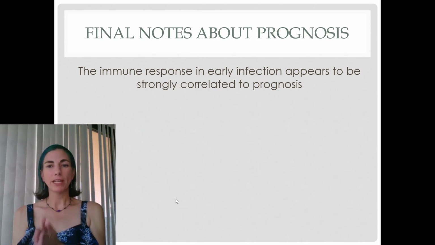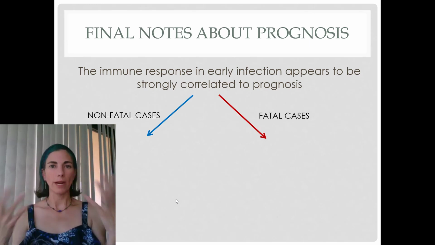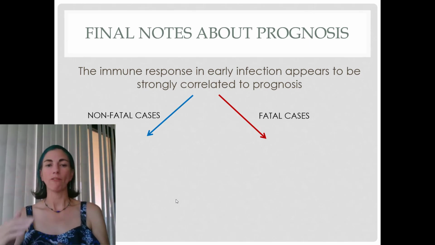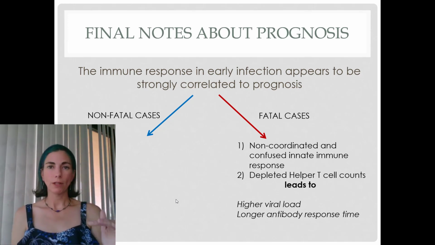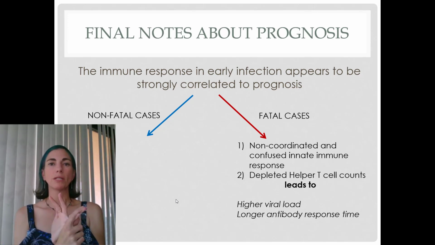Okay, so I mentioned before that not everybody is going to have the same prognosis, not everybody dies. So what are some things that we note about people who do succumb versus people who recover? People who do die tend to have a non-coordinated and confused innate immune response.